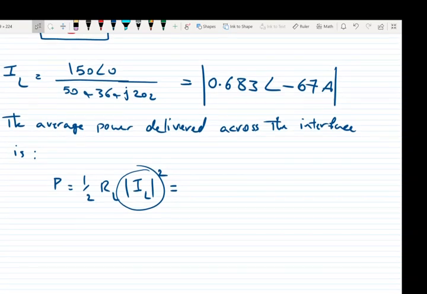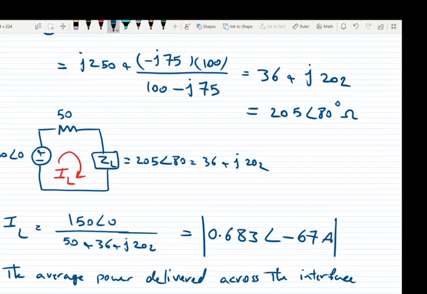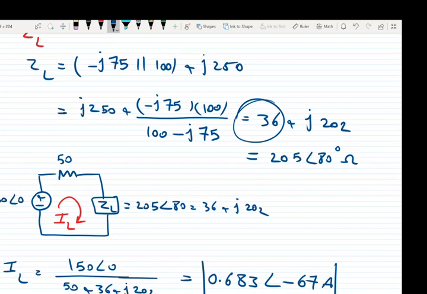So it's equal to 1/2 times 36, which is the real part of the load impedance. No matter what the reactance of the load is, nothing is going to change, because the average power of the reactance part is zero, so the only thing that matters is the resistance part.